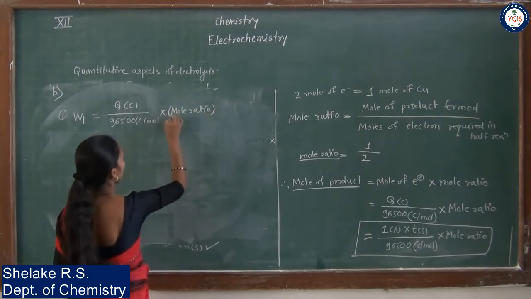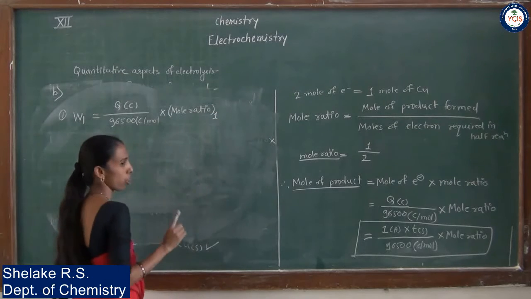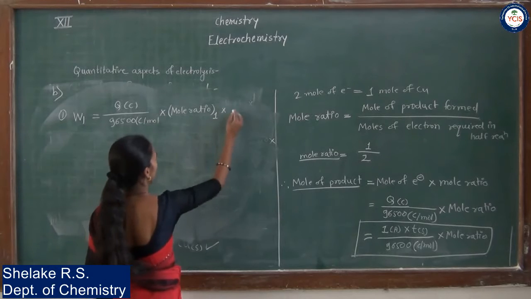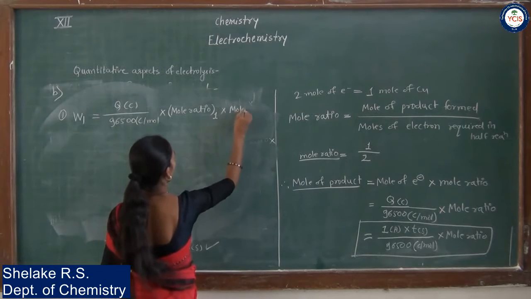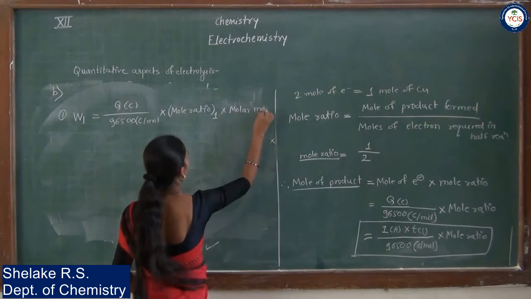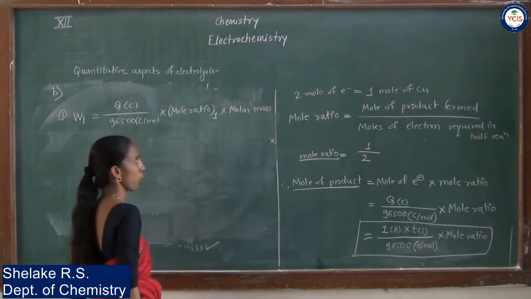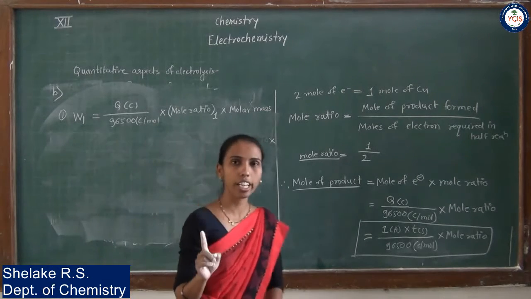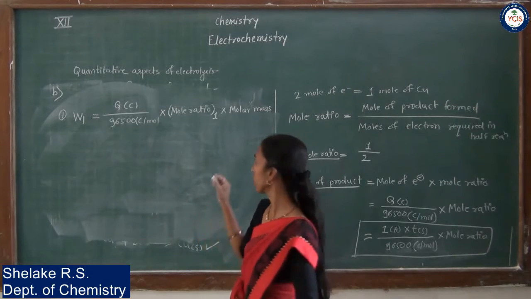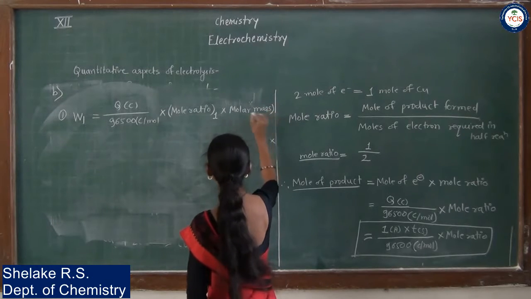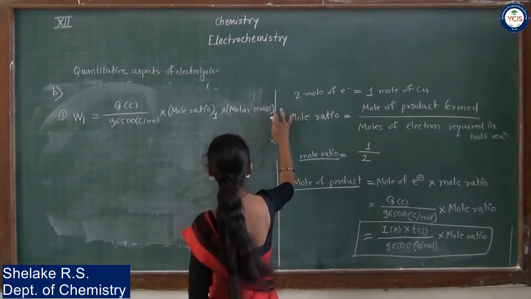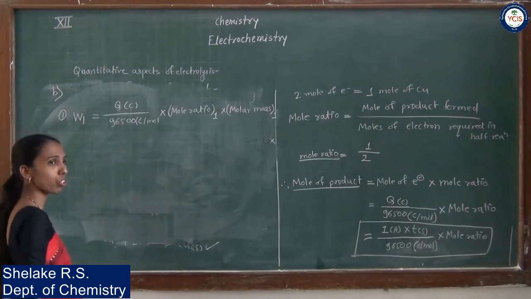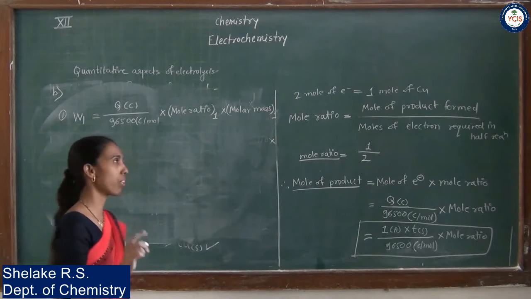Now this mole ratio is for the first cell, or the half reaction of the first cell, into molar mass. That molar mass of the product liberated at the electrode of the first cell I will also denote with subscript 1. So this is the weight of a substance, or the mass of product, formed at the first cell.